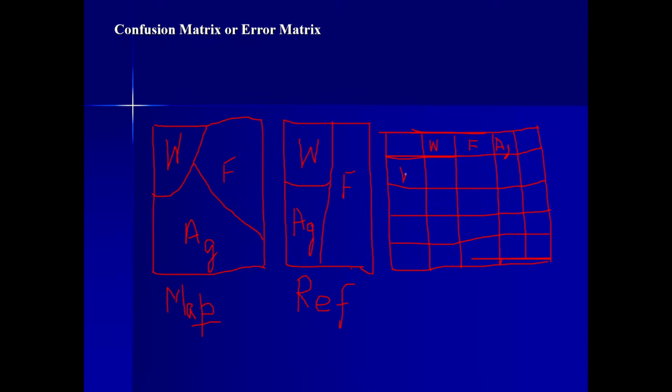Again here water, forest, and agriculture class. On the column side we will have the reference data, and here we will have the map data. This will be the classified map.